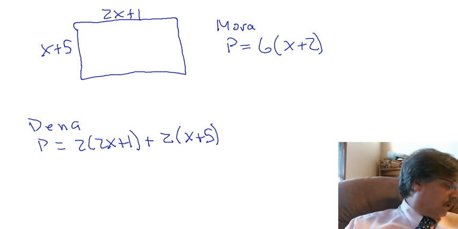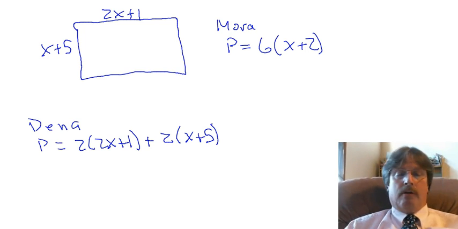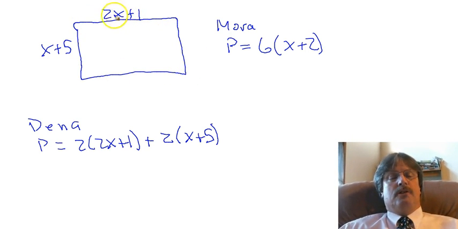So here we have an example, and we're going to see how this works out using the distributive property. Dina and Maura each wrote an expression for the perimeter of the rectangle. Are these expressions correct? Are they equivalent? So this is the perimeter of the rectangle. Now I know you guys are used to seeing regular numbers here, but now we're going to start using some expressions to represent the various sides. The one thing that we know about rectangular prisms is that this side and this side are congruent.